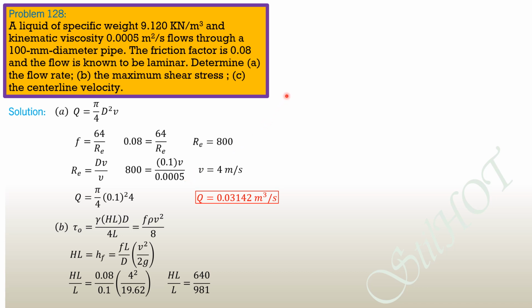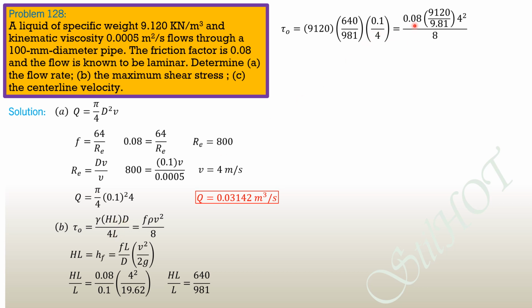So head loss over length is equal to 640 over 981. Then tau sub o therefore is specific weight, then head loss over length, which is 640 over 981, then diameter over 4, 0.1 over 4.